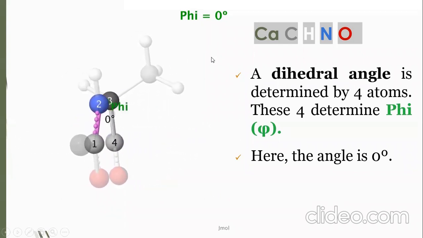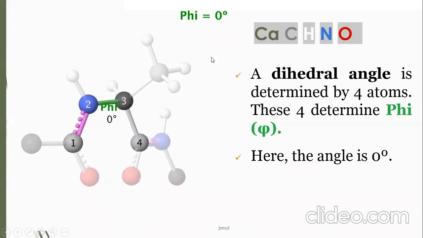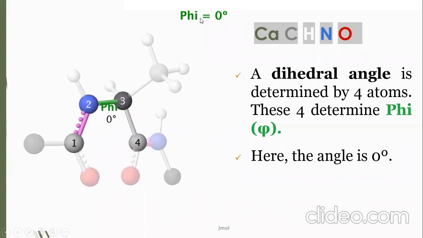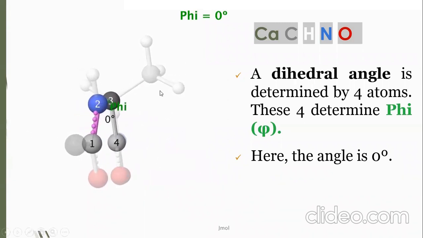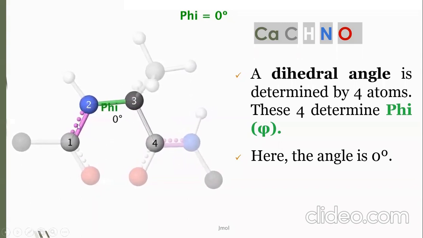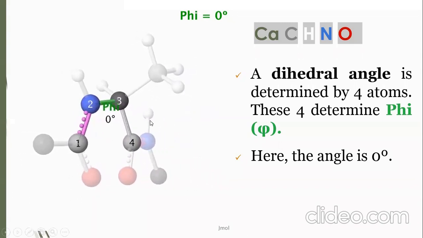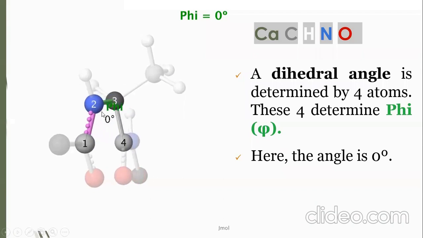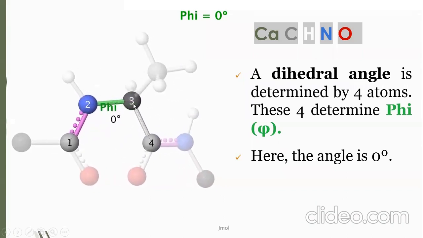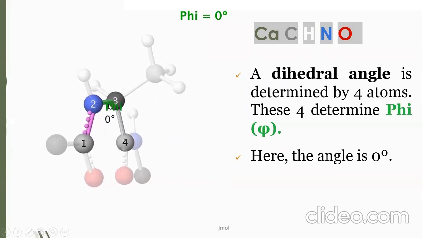Sir, if the overlap angle is 0, then the Phi bond will be 0, is that what you told us? Yes, exactly. Phi will be equal to 0 because these two bonds are making 0 angle with one another, and the Phi is between nitrogen and the alpha carbon.